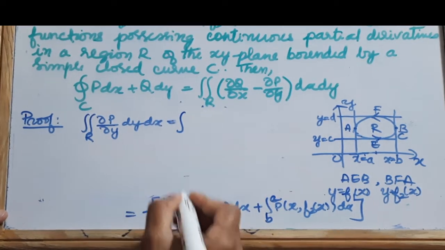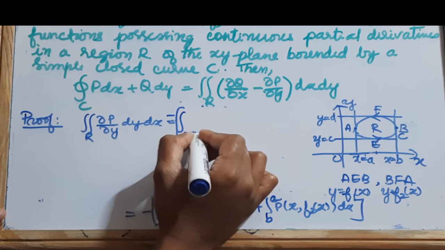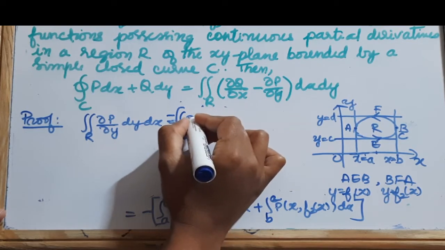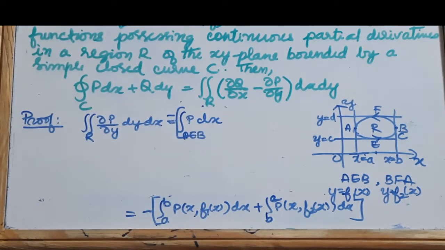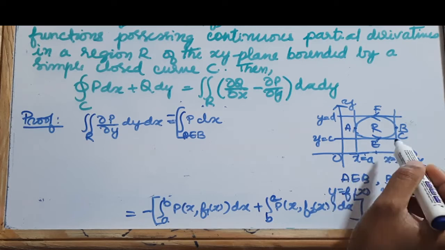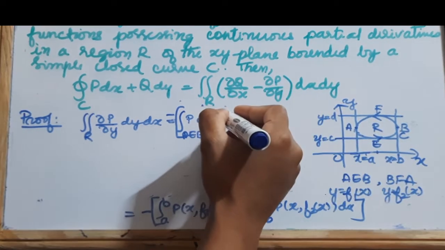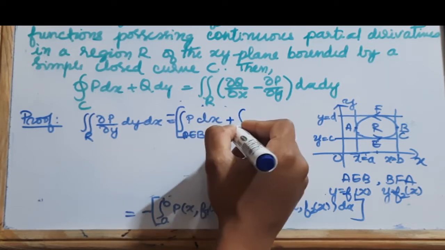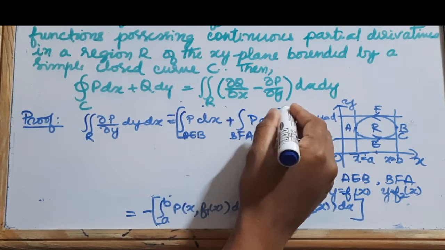Therefore, this is the integral over the curve AEB of P dx. Okay, now this one, integral b to a with respect to f2(x), so from x equal to b to a, and this is my curve. Therefore, this is the integral over BFA, P dx.